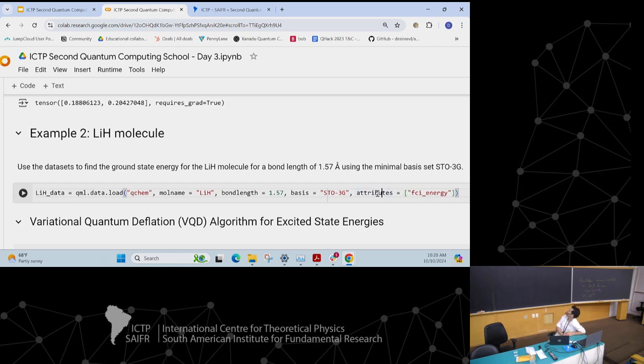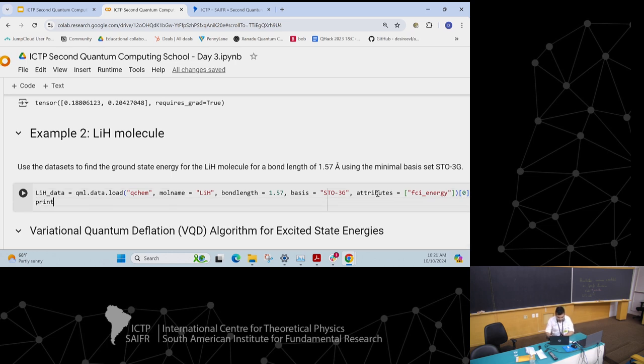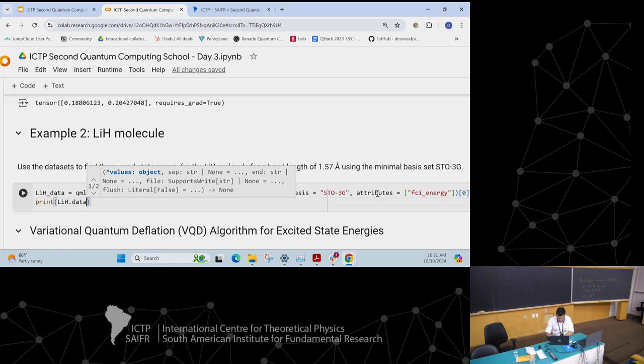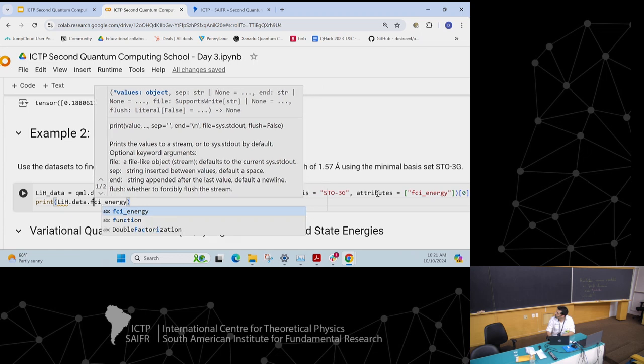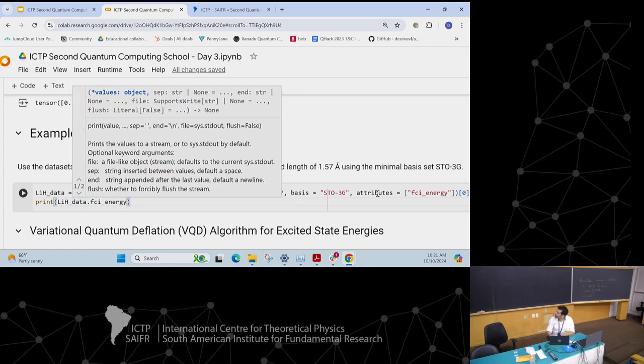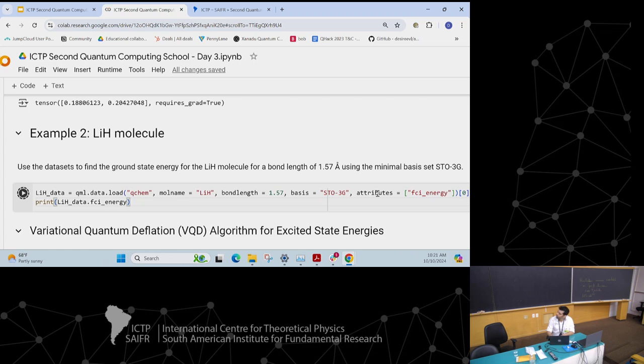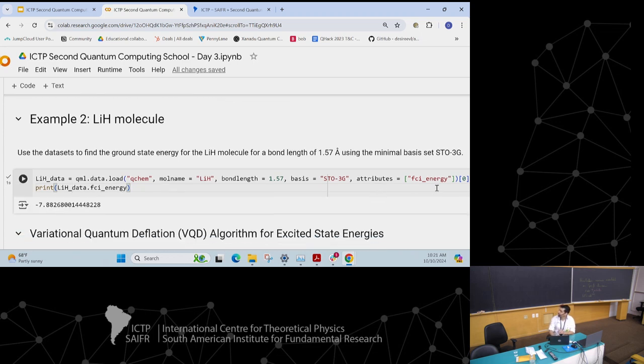In this case, we want the full configuration interaction energy, so the ground state energy of lithium hydride. Then we can print this out. And you can see that without having to do any computations, we were able to get an estimate of the ground state energy of lithium hydride.